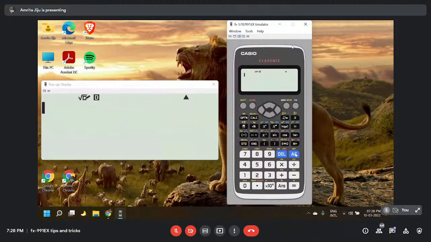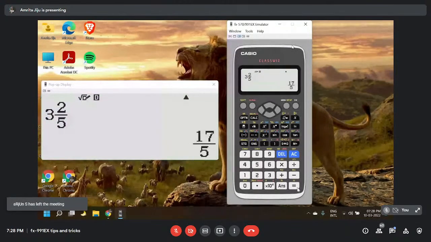Now coming to the shift button of this button. Just click shift and this button. This is actually mixed fractions. It's like 3 is the whole part, and 2 by 5 is the fractional part.